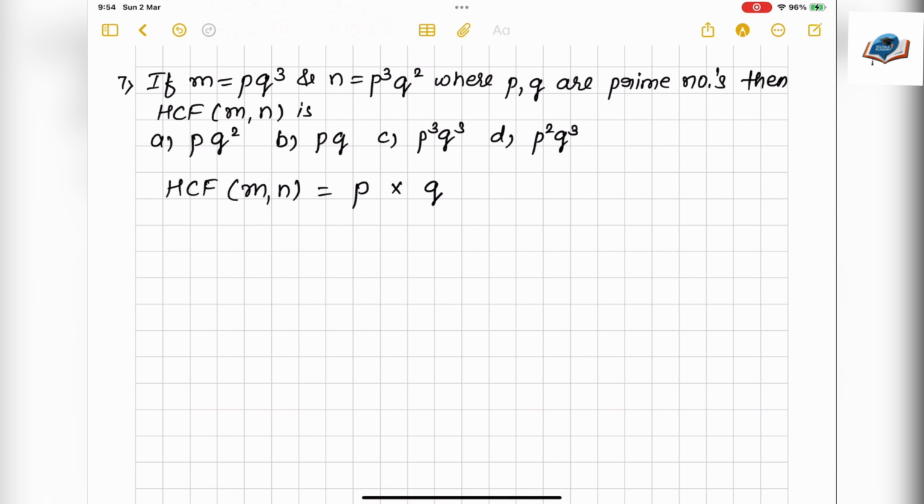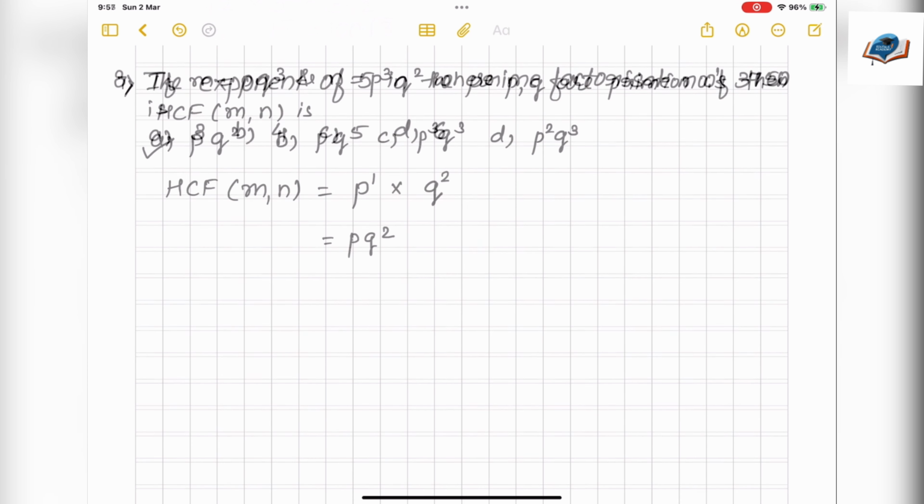Now, least power. In m, the least power of p is 1 and Q's power is 3, whereas in n, P's power is 3 and Q's power is 2. So my HCF will be p q square. So my A option is the right option.